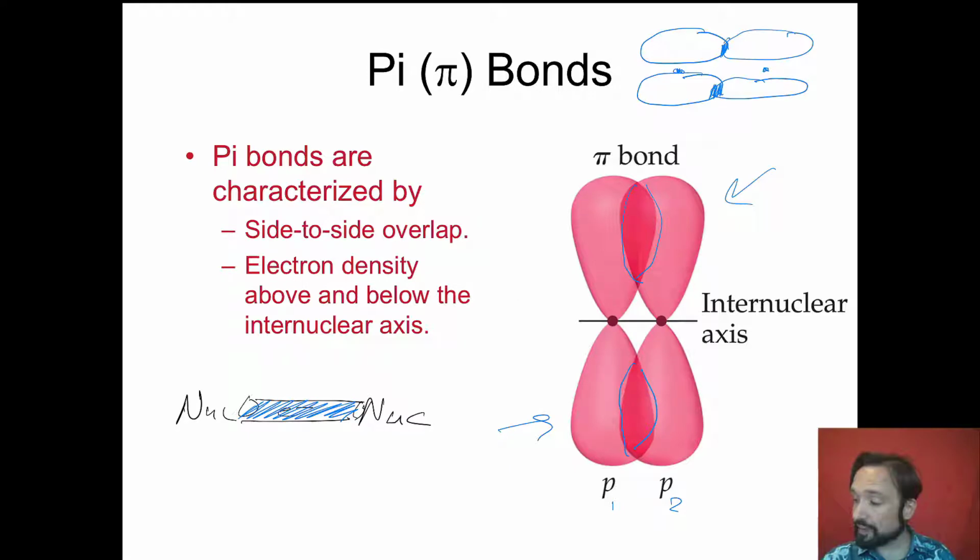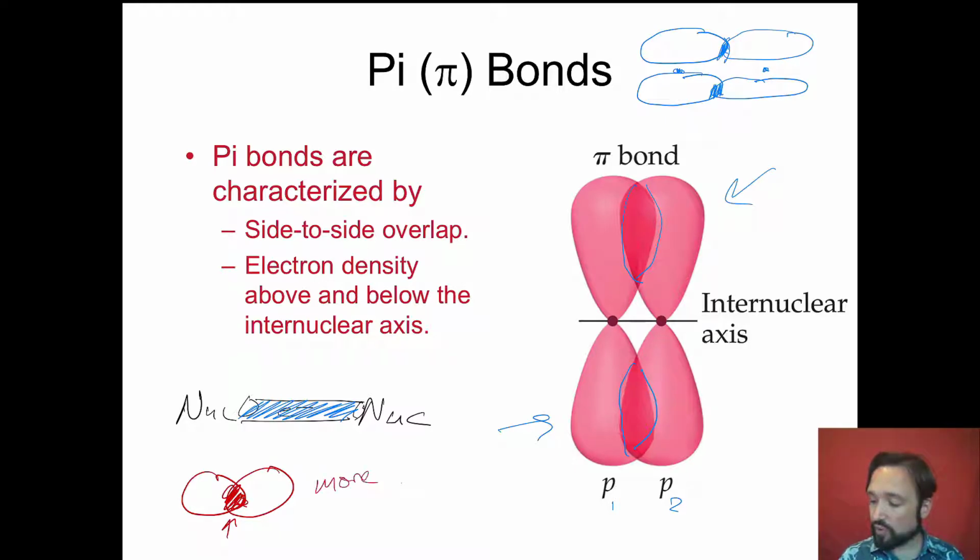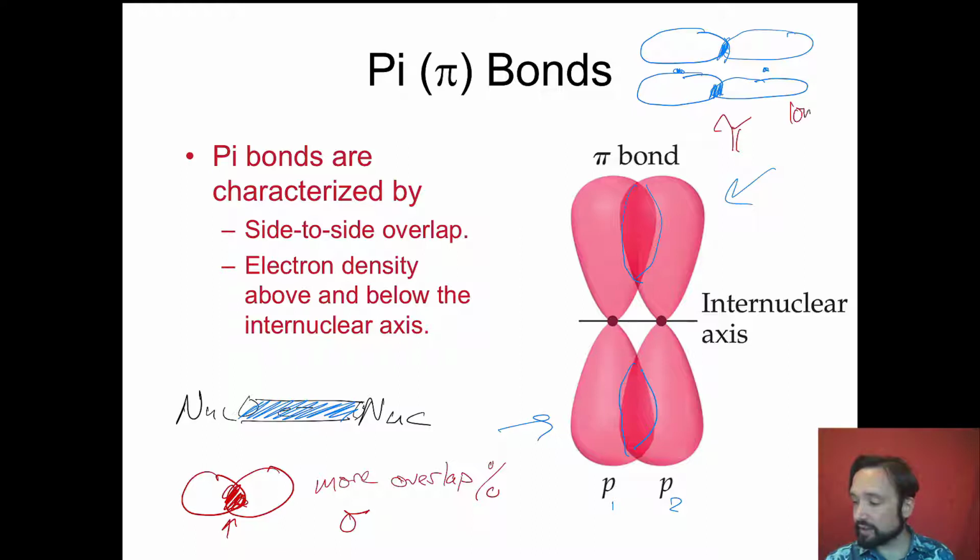So the overlap area is fairly tiny, in comparison to, say, taking 2 s orbitals, where we overlap one s orbital with the other. The percentage taken up by this overlap area is much greater with respect to the entirety of the s orbital. So there is more overlap percentage in a sigma bond than we see up here in the pi bond.